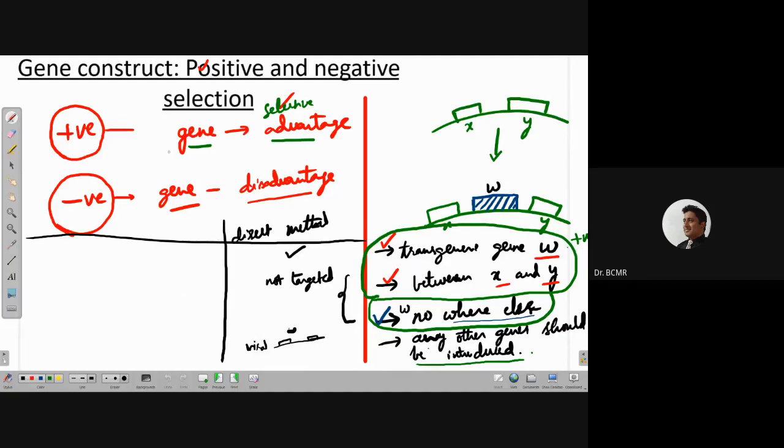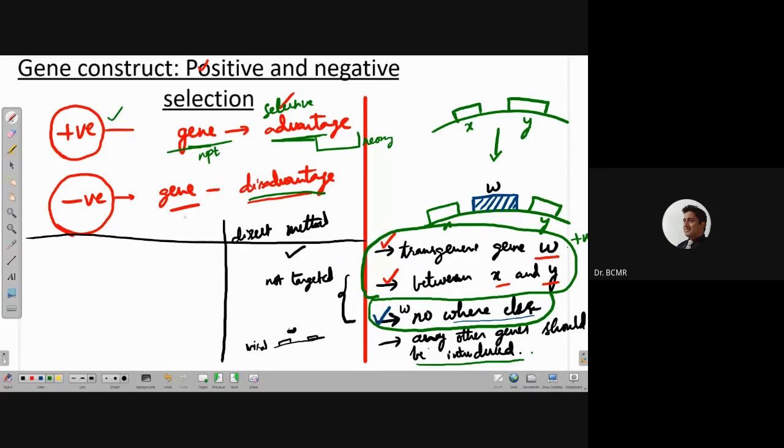In the last class, we were also discussing positive selection and negative selection. If the presence of a gene is conferring an advantage, then it is positive selection. If the presence of a gene is conferring a disadvantage, then it is negative selection. Here we use neomycin phosphotransferase that confers neomycin resistance, so the presence of that gene will allow the cell to grow in the presence of neomycin.